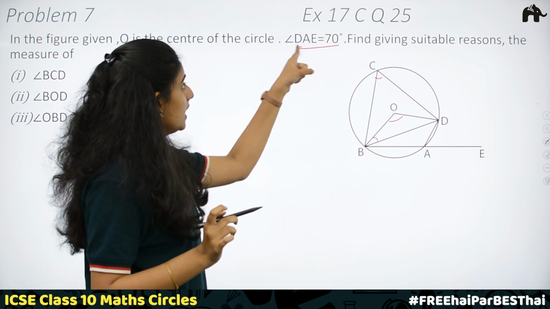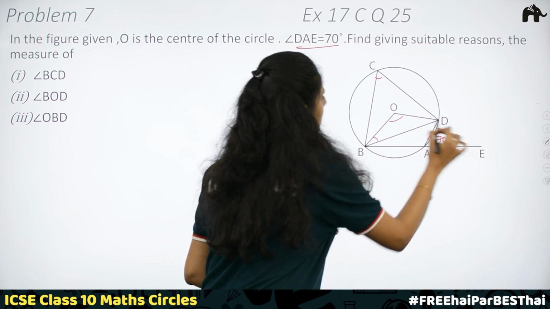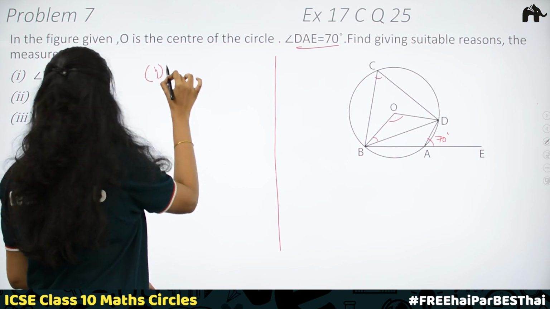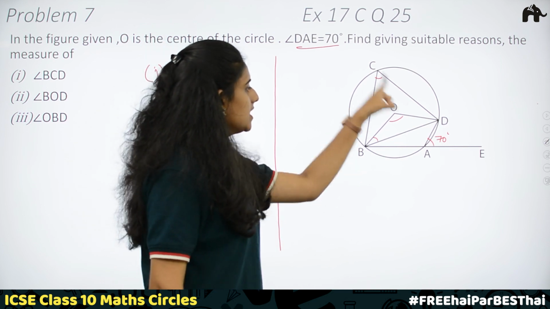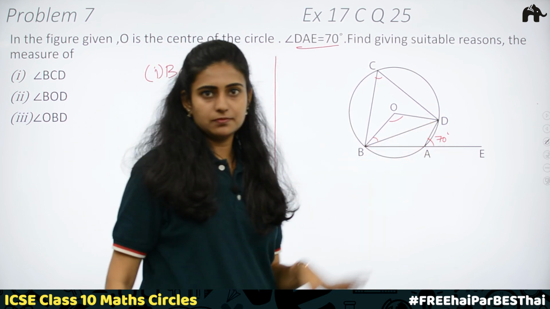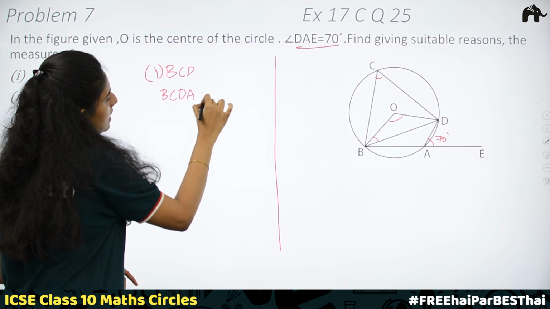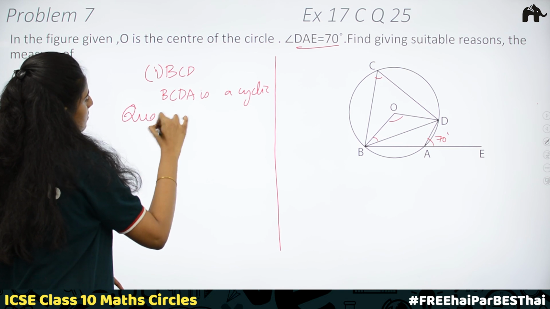Here given that DAE is equal to 70 degrees. First, let us find the measure of BCD. Is there any relation between BCD and DAE? BCDA is a cyclic quadrilateral.